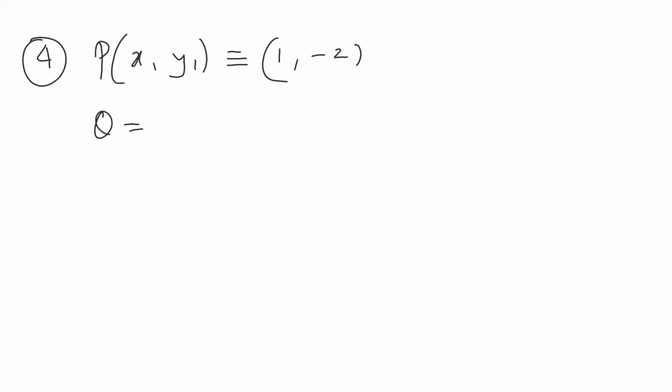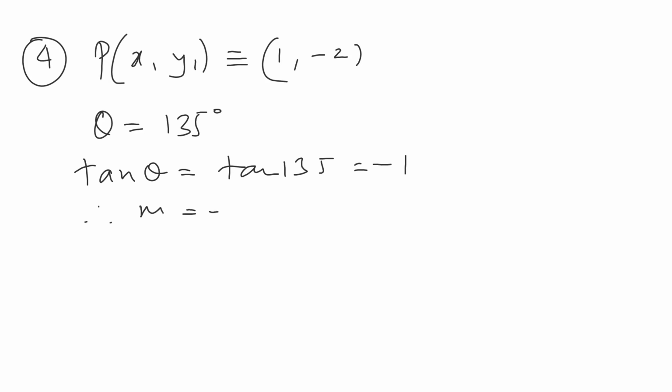They have not given the positive direction of x-axis, but we have to assume it. So theta is equal to 135 degrees. Tan theta is equal to tan 135, which we already solved some time back. And therefore m is equal to minus 1, because slope m is tan theta, right? So m is equal to minus 1.